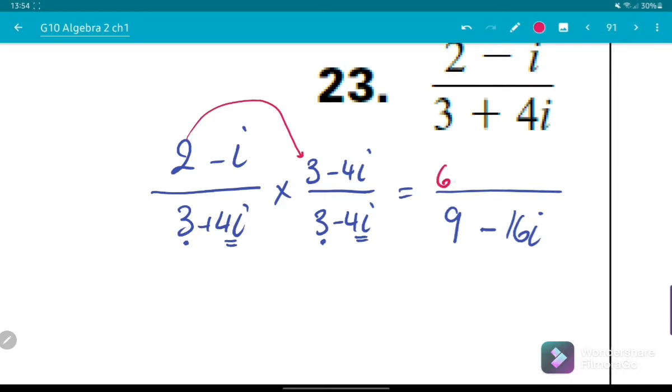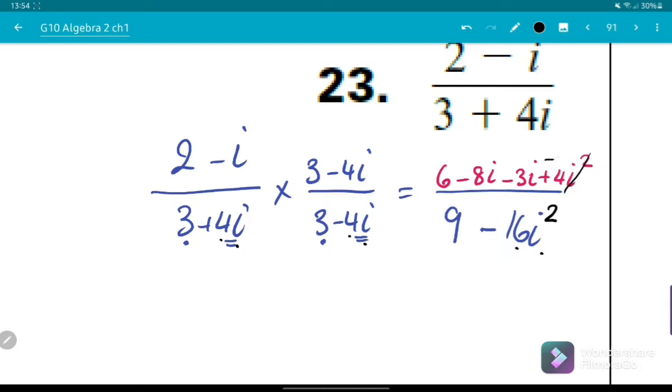Then 2 multiply negative 4i is negative 8i. Then i multiplied by 3 because we distribute this, negative 3i. Then positive 4i squared. This is i squared because 4 multiply 4 is 16, and i multiply i is i squared.